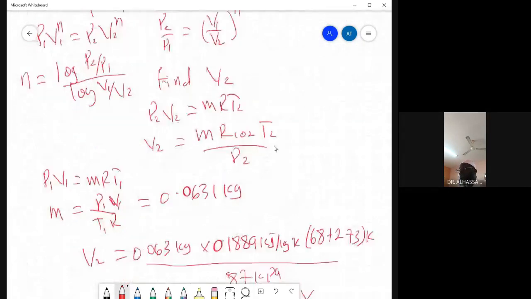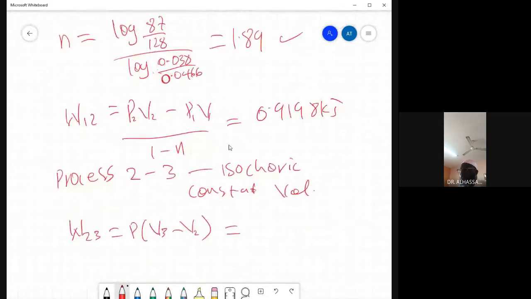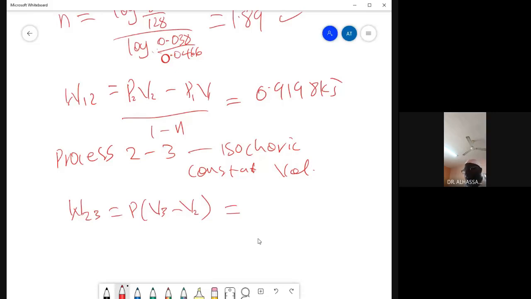So the boundary work for a constant volume process is always equal to 0, because V3 is the same as V2.